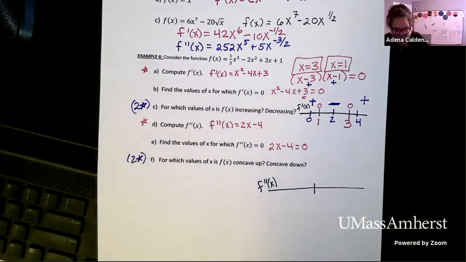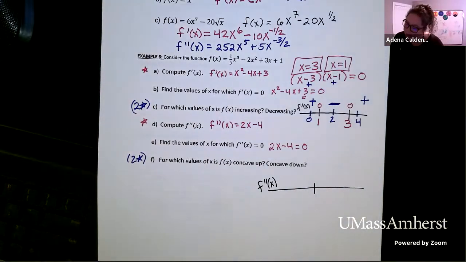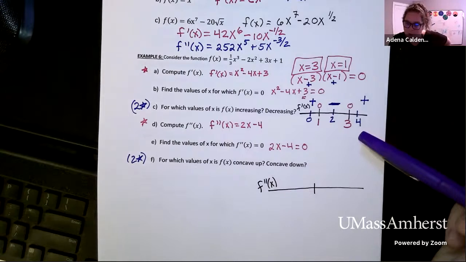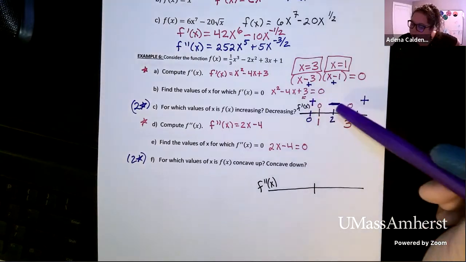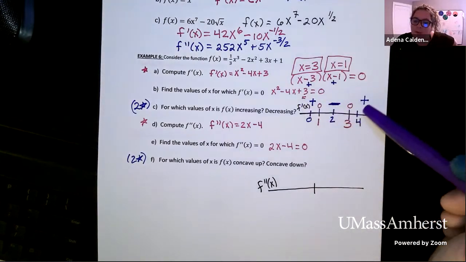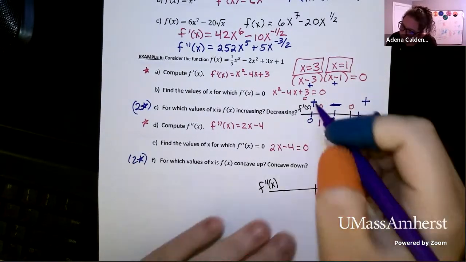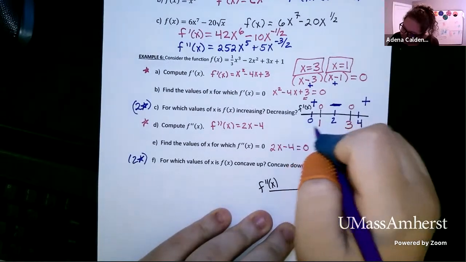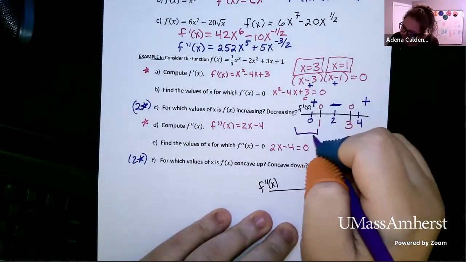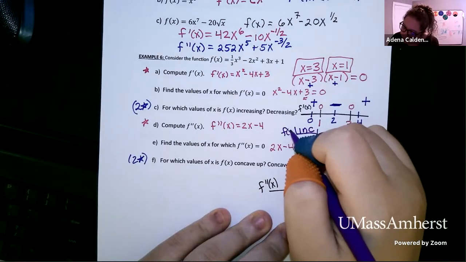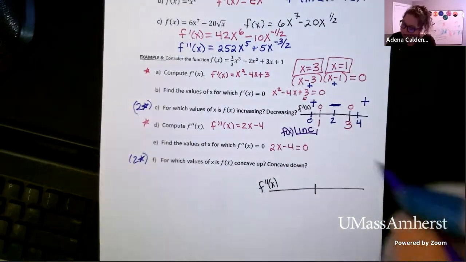So again, what I'm doing here is I'm finding the zeros of the derivative to figure out how to split up my intervals. Then I'm determining if my derivative is positive or negative for each of the intervals I've created. When it's positive, I know that my original function, f of x, is increasing.